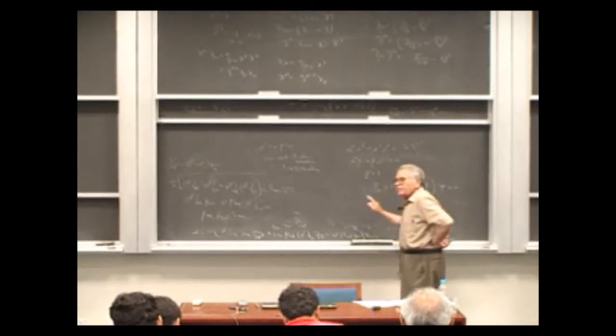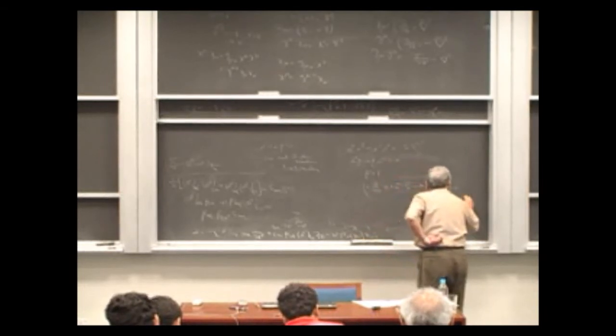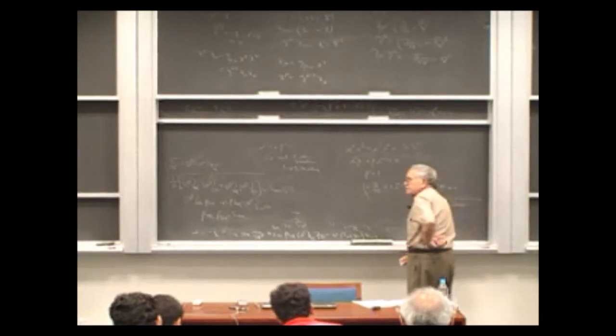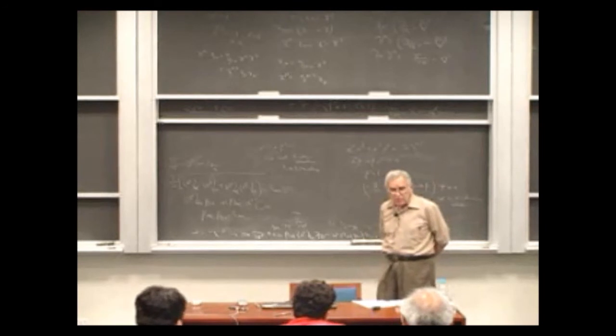Where these are now the matrices, and therefore psi is a column vector. So if they are n by n matrices, then these will be column vectors.